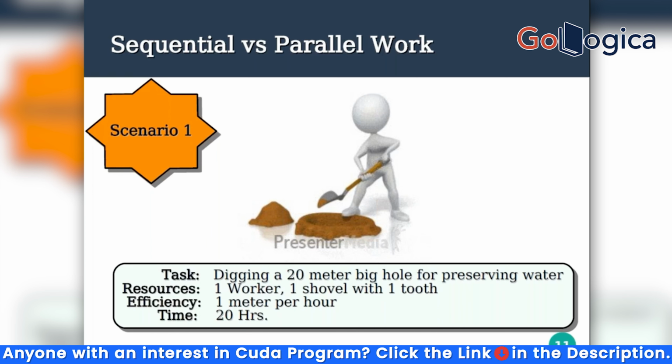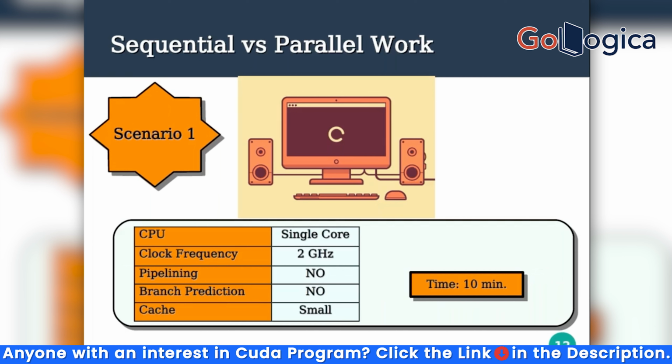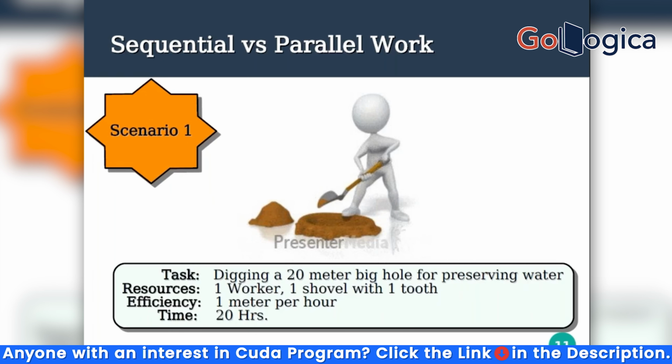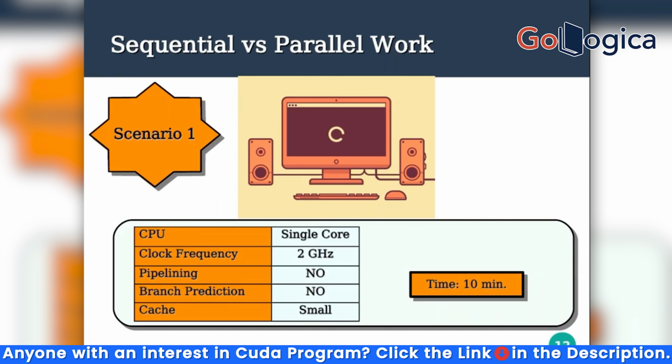Now we can relate this real life scenario to your computer as well. Here I'm trying to relate it with your computer system. When we talk about resources here, we are talking about computational units, that is your CPU. With respect to the previous scenario where we had only a single resource, one shovel with one tool, here also we have a single resource, a single core.